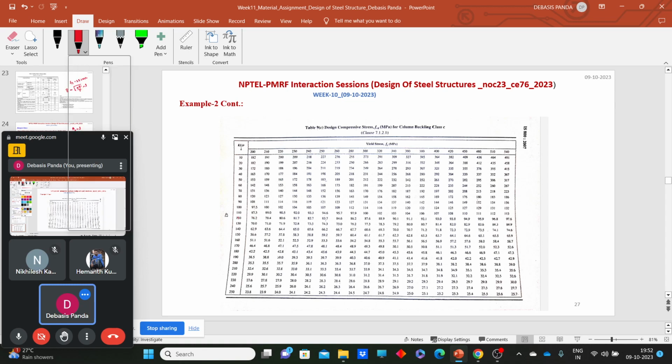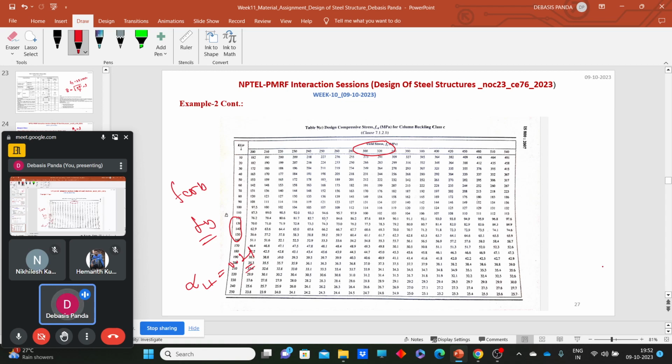You check those values and you can do linear interpolation, or directly take the nearest values. Now when you have the value of FCRB and FY, and this is a simply supported beam, that means alpha LT will be nothing but 0.21.